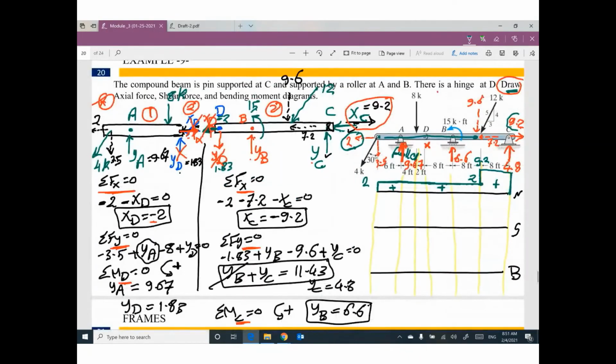To draw shear, I will start from left, so I will go down 3.5. Keep walking until 9.67. 9.67 minus 3.5, so I will go up to 6.17. Then keep walking until you found 8. I will go down 1.83.